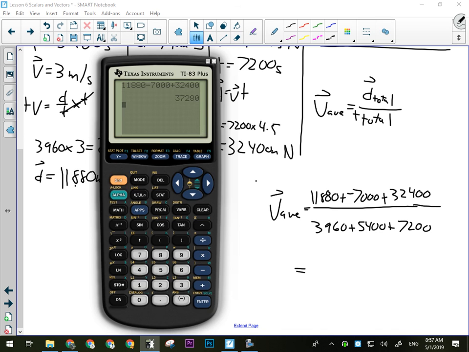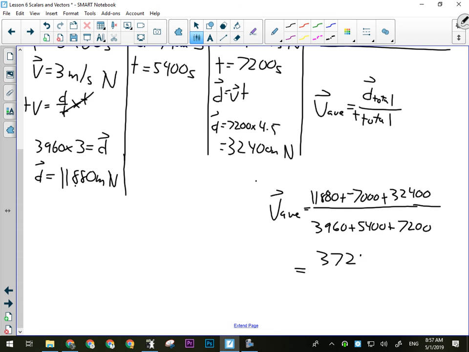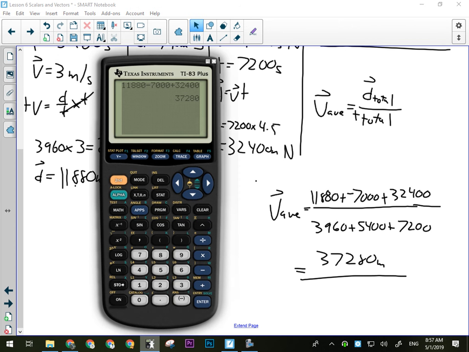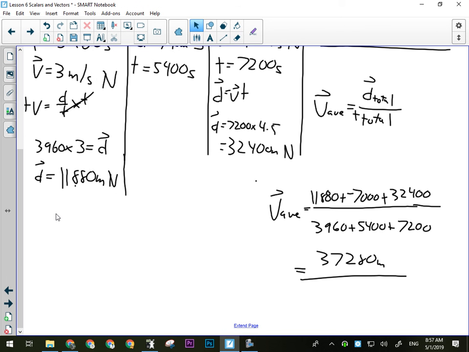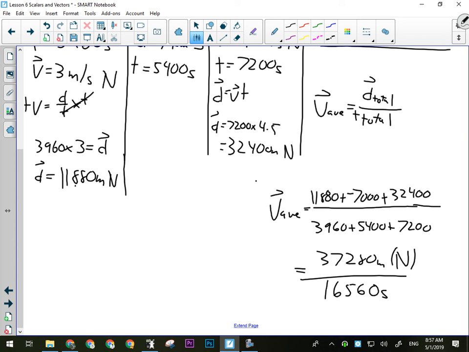All right, so my total displacement is 37,280 meters. All right, and the total time, 3960 plus 7200 plus 5400. Okay, so 16,560. Okay, and it's important for me to put on there that that displacement is north. Okay. Now I can calculate my average velocity.